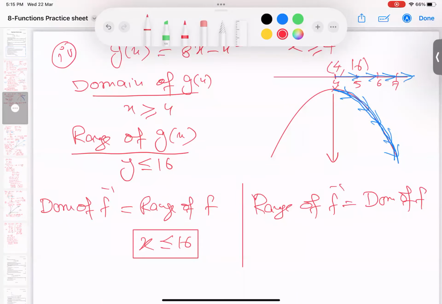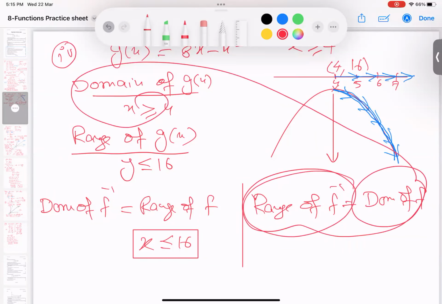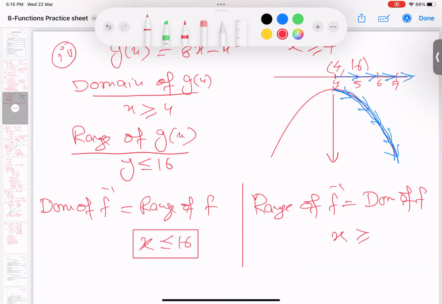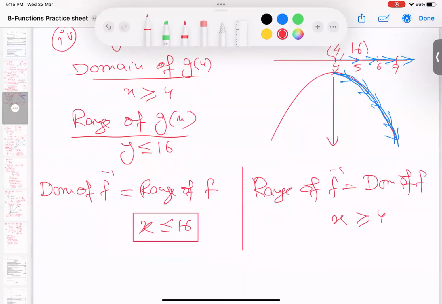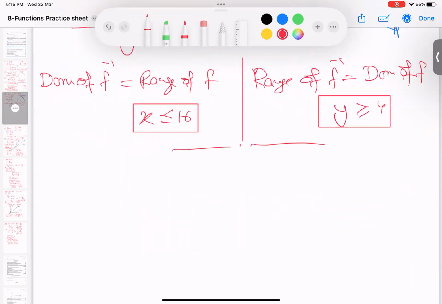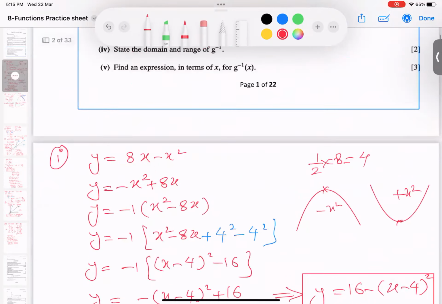Now, what about this answer? The range of f inverse is equal to the domain of the function, and the domain of the function is here. So I'm copying it as it is. But for the sake of knowledge, because we talk about range, we should write y here, not x. So remove the x, write y here. And I hope all points are very, very clear. And now this part is done. Alhamdulillah Rabbil Alameen.